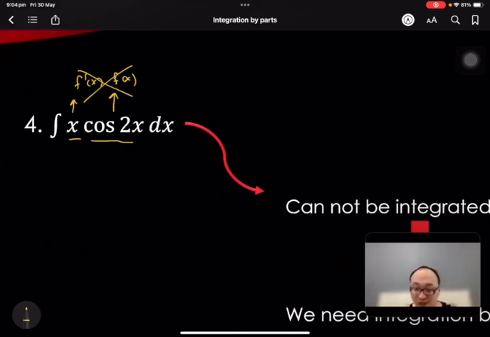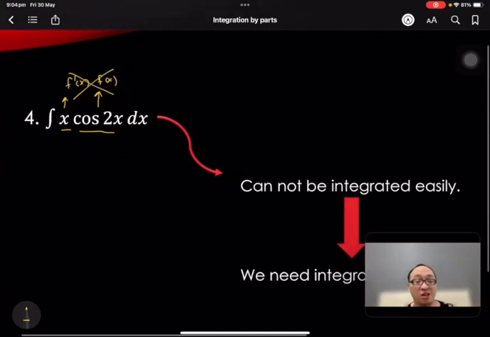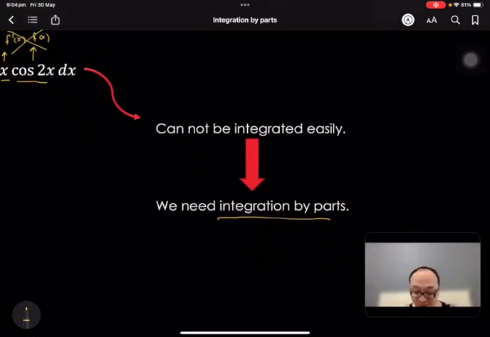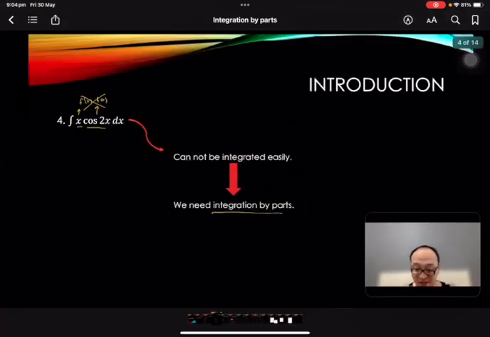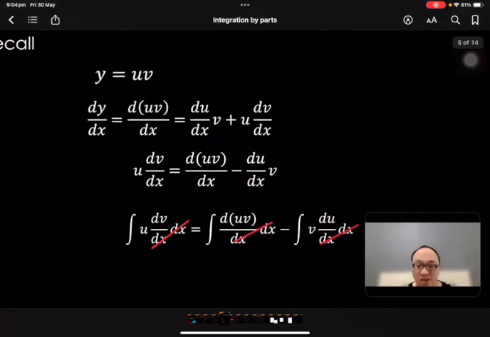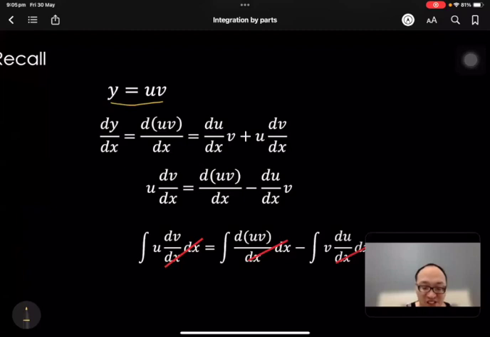So to solve this kind of question, now I introduce you to a new method of integration called integration by parts. Integration by parts is the inverse of the product rule in differentiation.